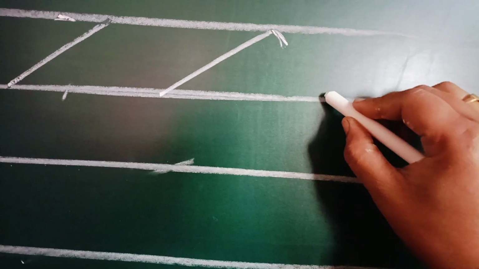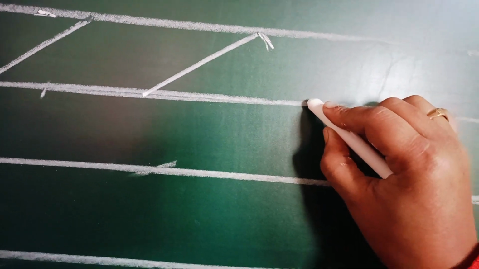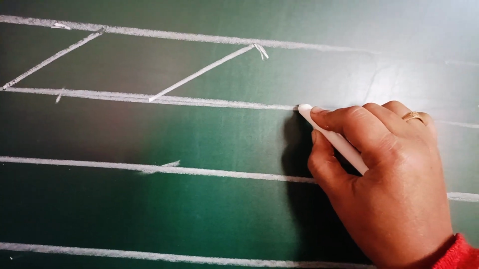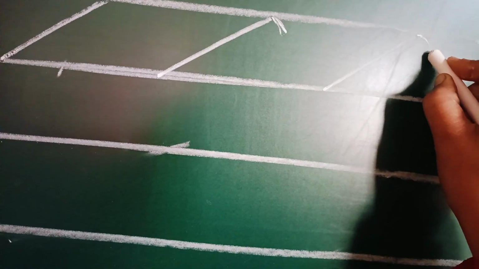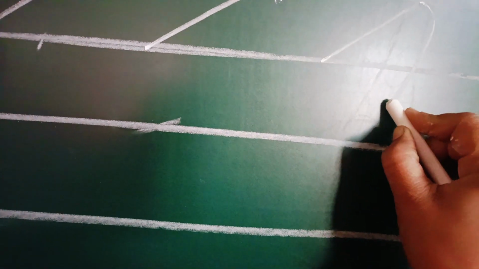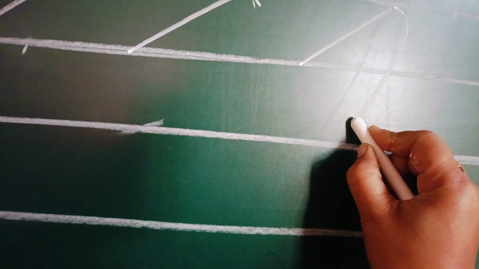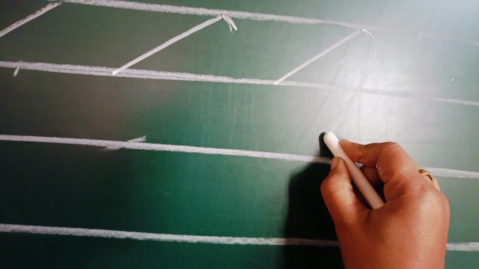Now next step, again keep your pencil on the second line and go up with the slant line. Make a small curve and come between the second and third line. Straight line. Okay.